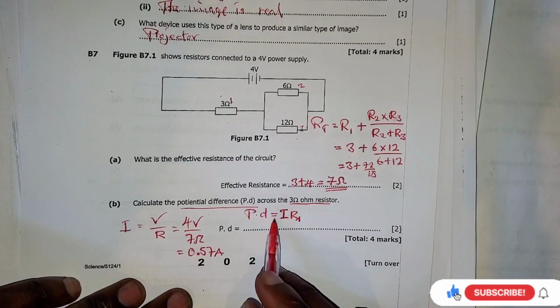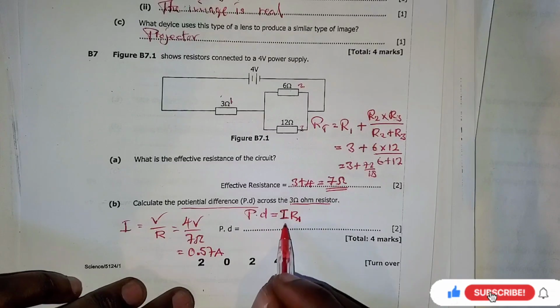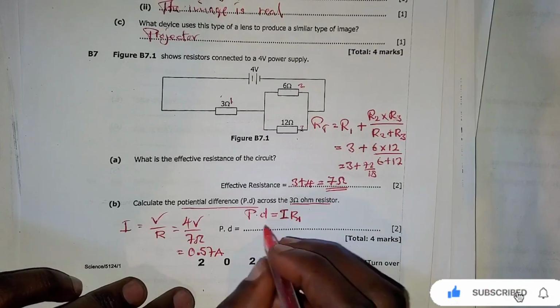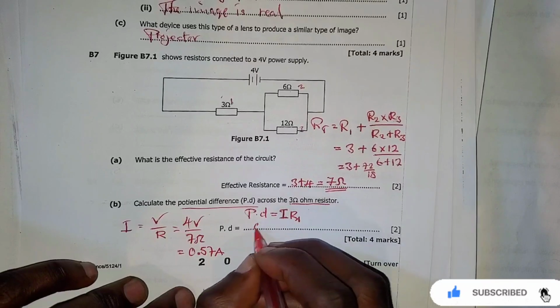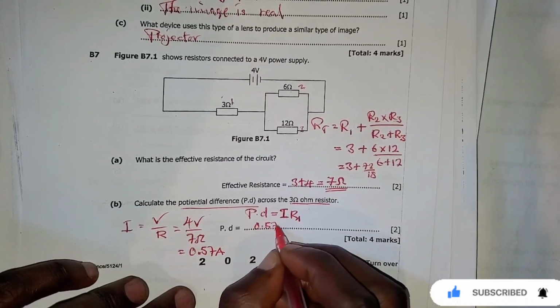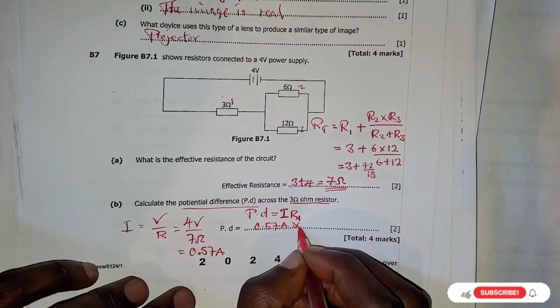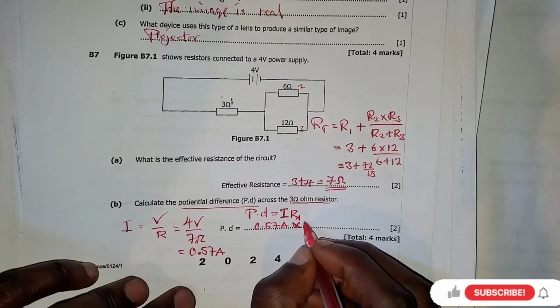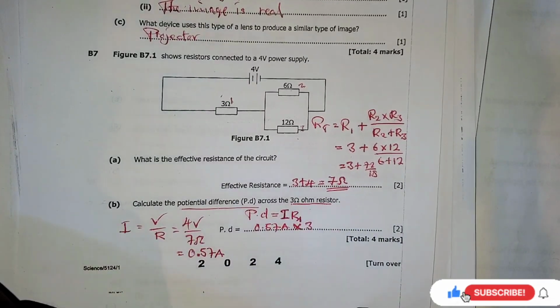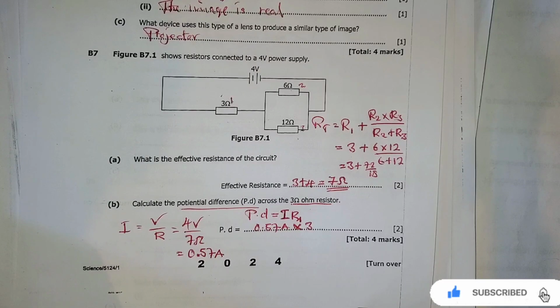Okay, therefore, to find the potential difference here, we're going to say current, which is 0.57 amps, multiplied by resistor 3. So 0.57 multiplied by 3.